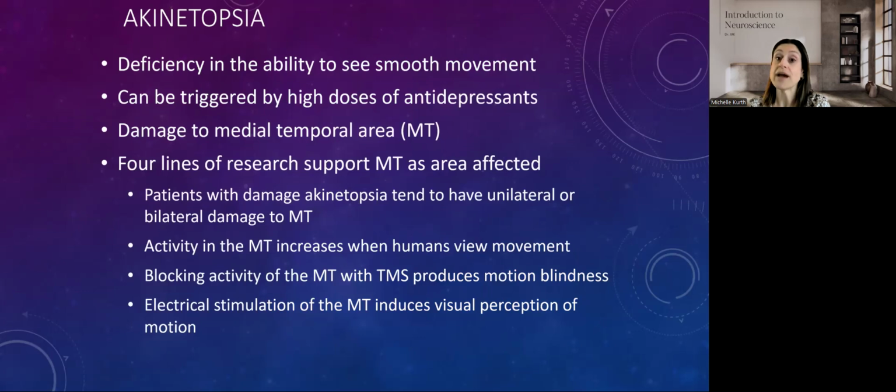Okay, so we know that too. Now, blocking activity of the medial temporal area with TMS can produce motion blindness. So that's another area of research. And then electrical stimulation of the medial temporal area induces visual perception of motion.